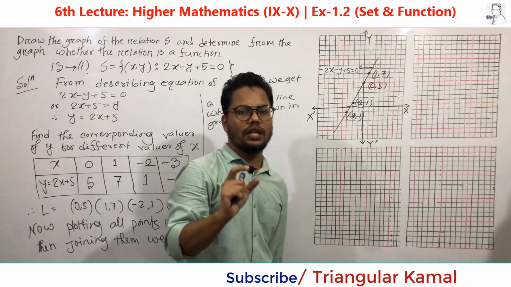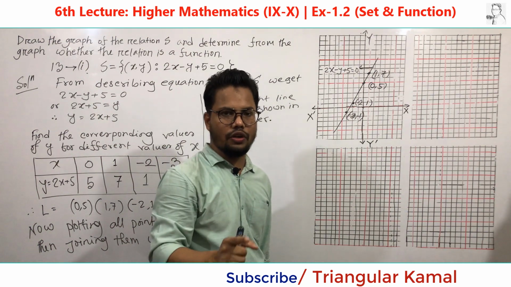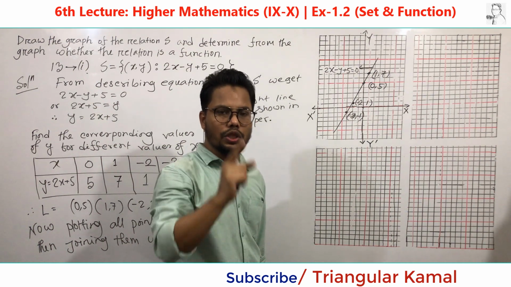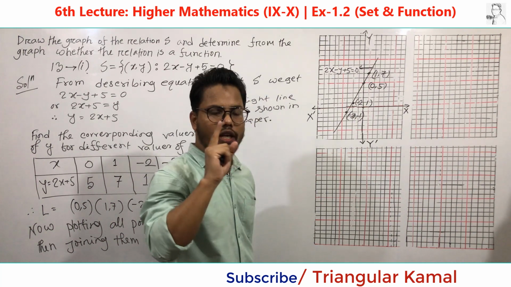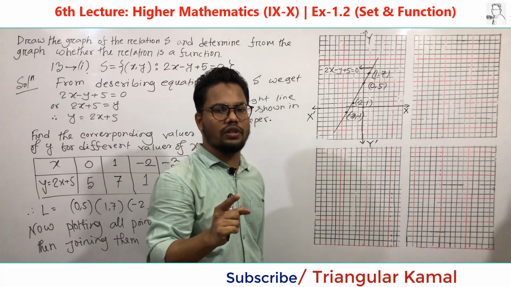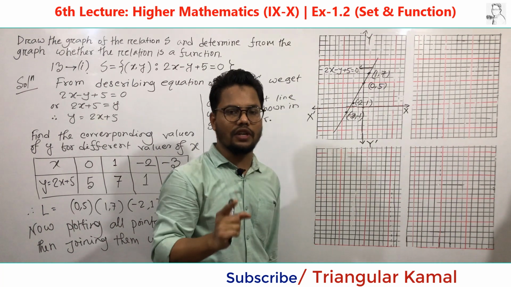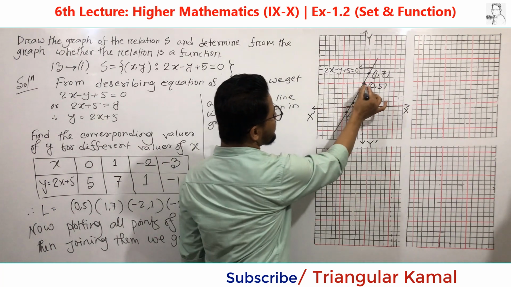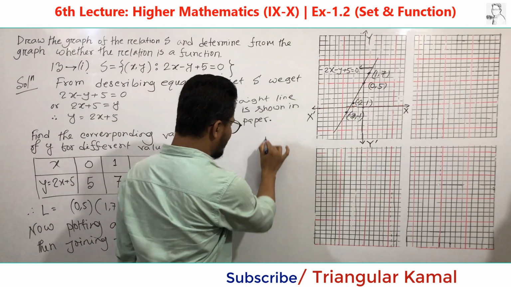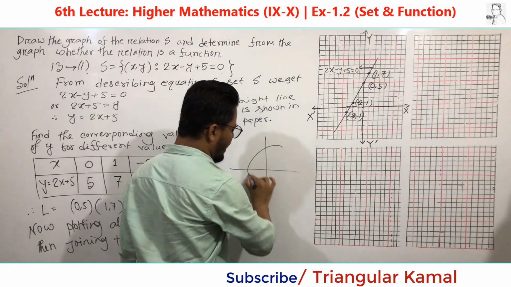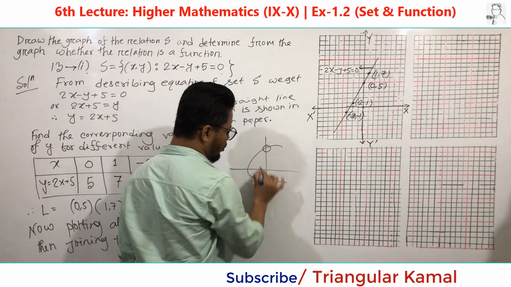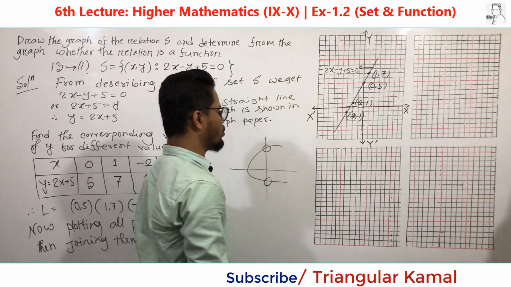In the last class we discussed that when we draw a line parallel to the y-axis, if we get more than one intersecting point, then the graph will not be a function. But here we see only one intersecting point. If the graph would be like this, how many intersecting points here? 2 intersecting points.